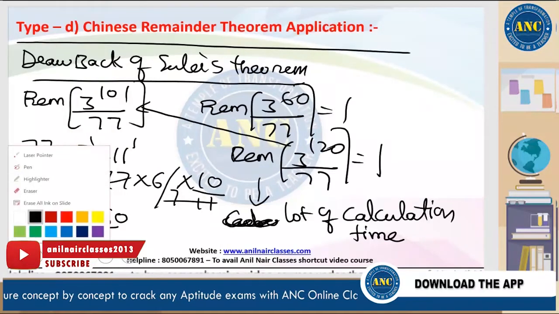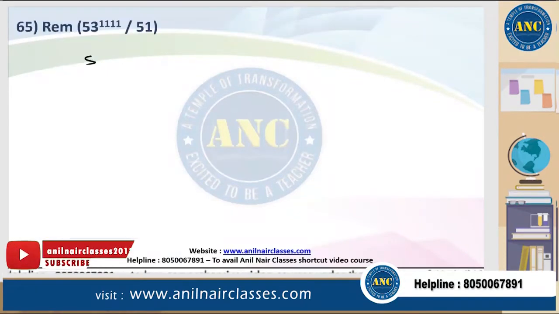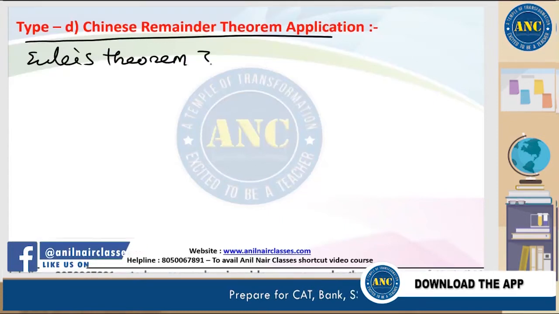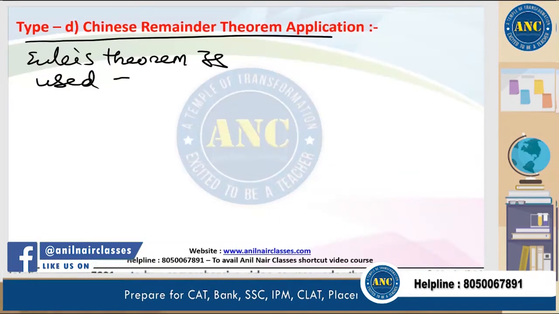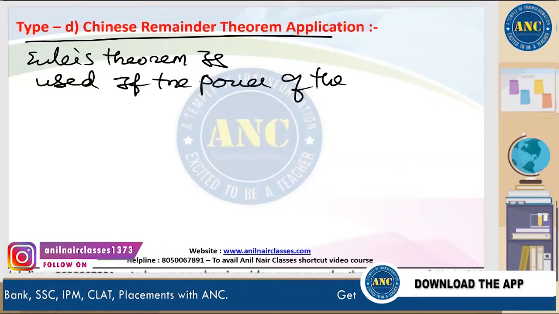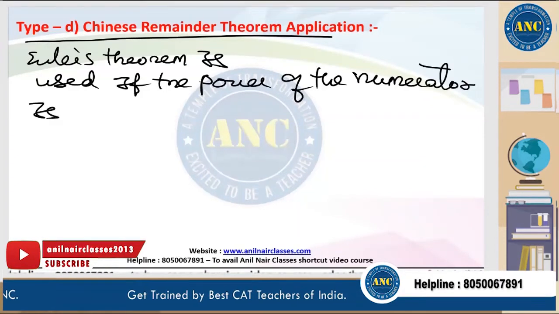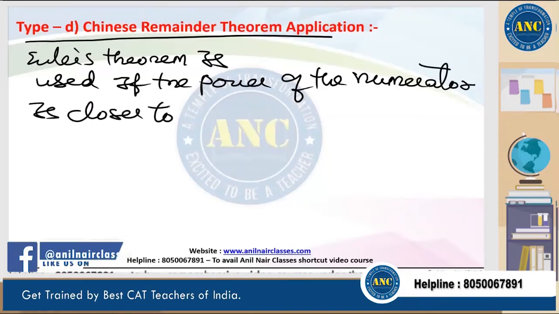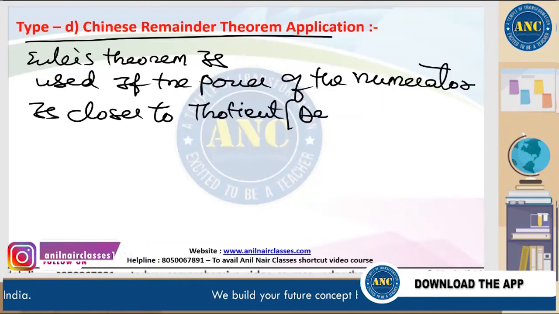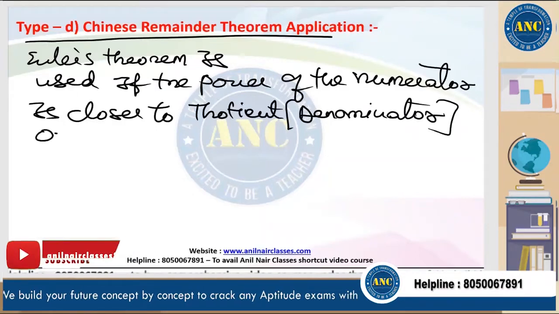Now, in other words, please write down this concept. Euler's theorem is used if the power of the numerator is closer to the quotient of the denominator or its multiples.